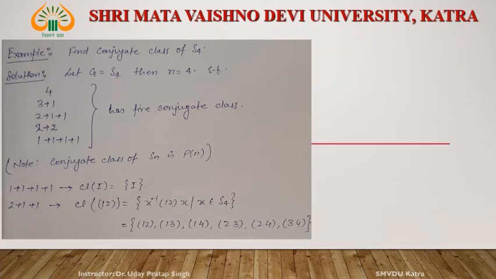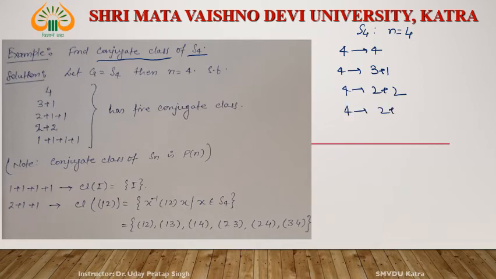Now, find all the conjugacy classes of S4. Remember that we already discussed the partition function, right? Then what is the partition for symmetric group S4? N is equal to 4. What is the partition of 4? 4 can be written as 4, 3 plus 1, 2 plus 2, 2 plus 1 plus 1, 1 plus 1 plus 1 plus 1.